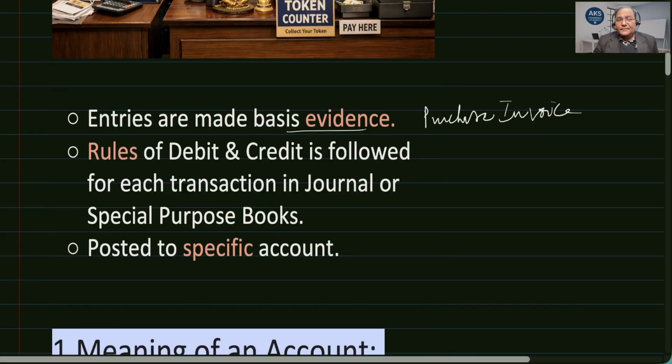Now, the rules of debit, how he enters: he follows certain rules, some principles. So there is a rule of debit and credit which we will understand, followed for each transaction. Where to record? There is a journal or special purpose books, which are the cash book, bills receivable, bills payable, other special purpose books, purchase book, sales book.